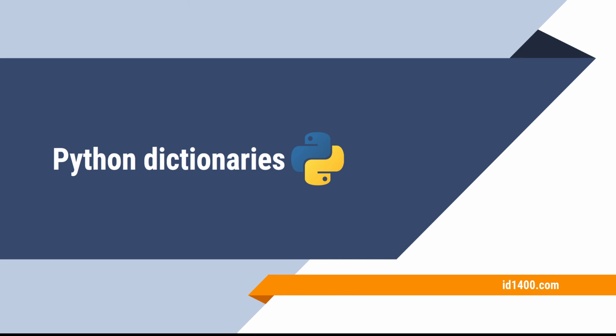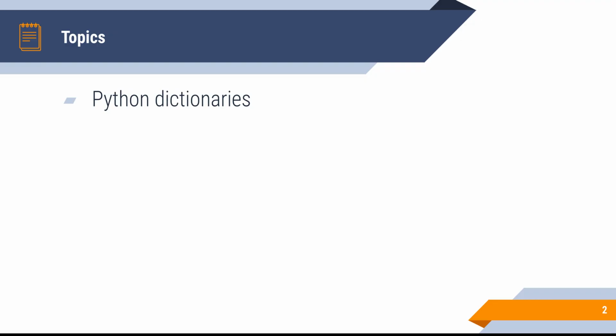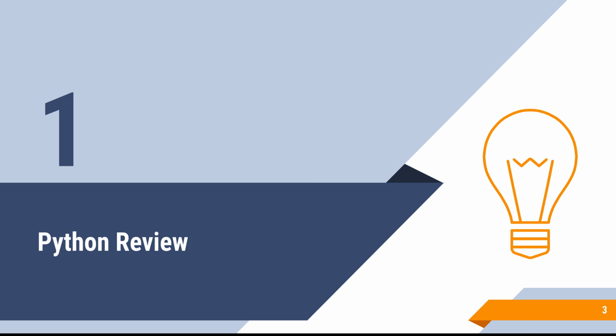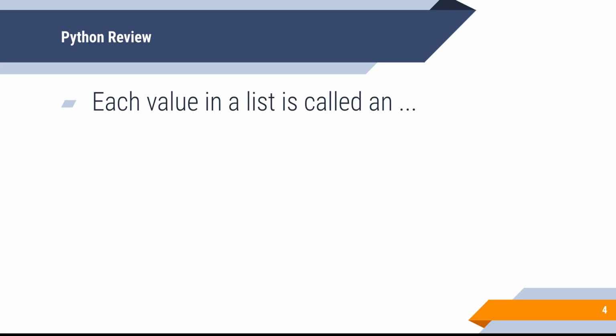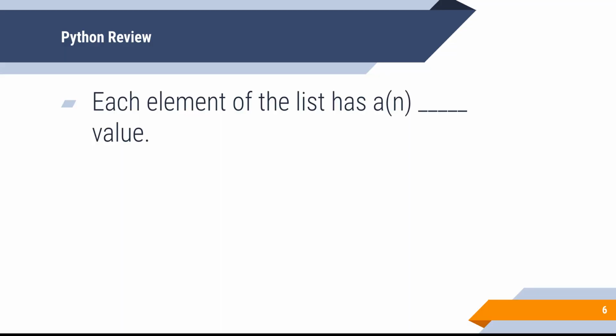In this video, we're going to learn about Python dictionaries. So just to review a little bit, each value in a list is called an element. Each element of the list has a blank value, and that would be an index value.